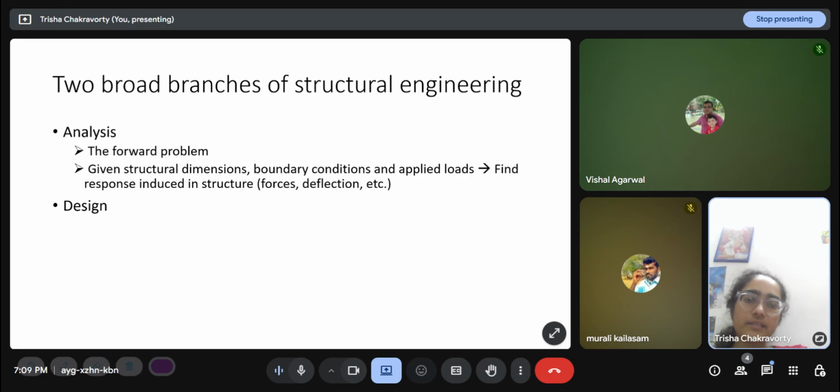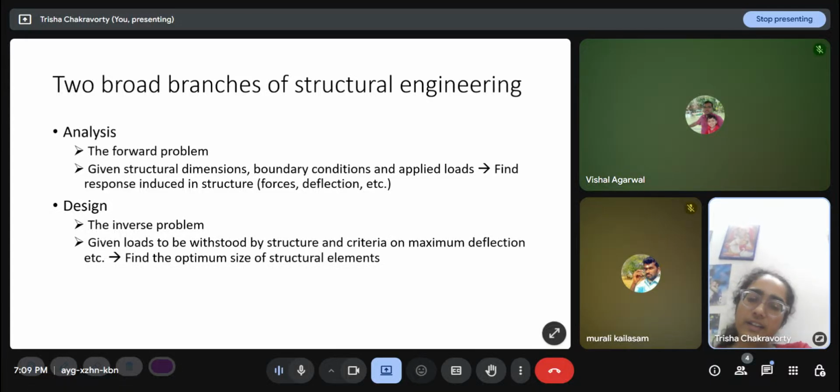And design is the kind of inverse problem. We are given the loads that have to be withstood by the structure, and some criteria on maximum deflection. The loads to be withstood are commonly dead load, live load, wind load, earthquake load, and in seaside structures, tidal load.